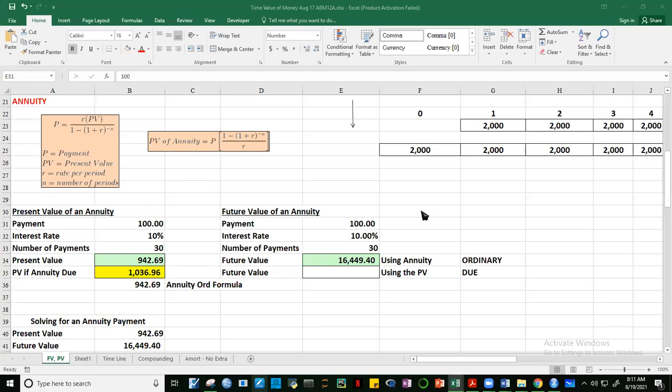So kay Khalil, 16,449, kay Roy, 18, kay Robert, 18. Roy, sige, Robert, how did you get 18? Could you share? Sir, that was my previous answer po. Previous answer ba yun? Sorry. Last question po.